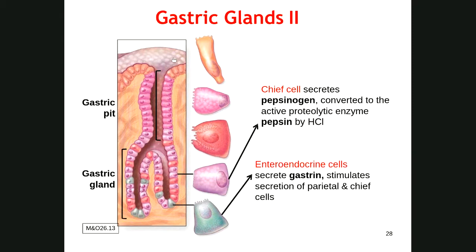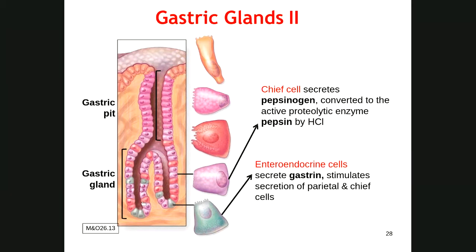They are protected, and their environment is very alkaline because of the mucus and the bicarbonate that protects them from the acidity upward. So on the surface, there is a gradient that goes from alkaline to neutral to highly acidic in the lumen. Okay, so this pit or groove contains all these secretory cells.